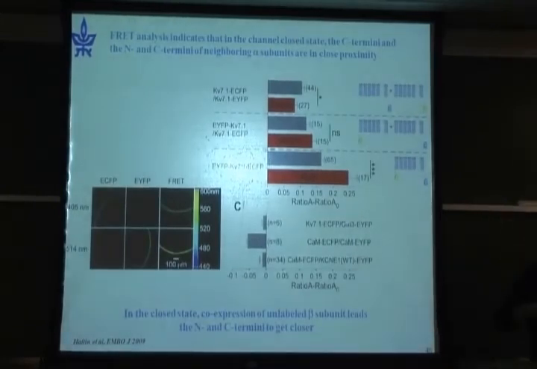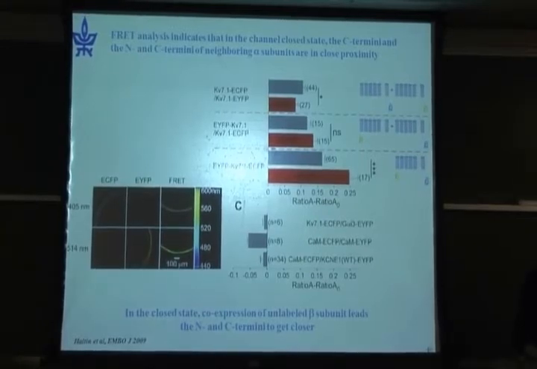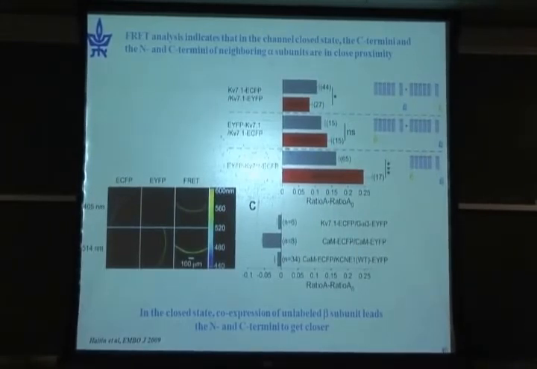So we did spectral acquisition, and coupled to this spectral acquisition, we recorded the currents. Okay, so we analyzed the channel in the closed state by clamping the cell at minus 80 millivolt, and then we applied depolarization in order to open the channel, and at the same time we recorded the FRET.